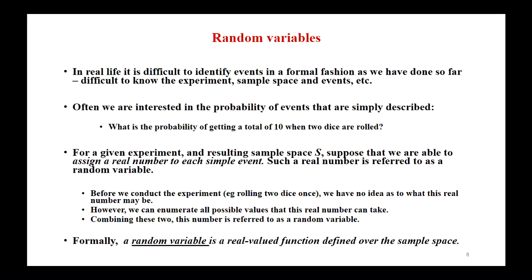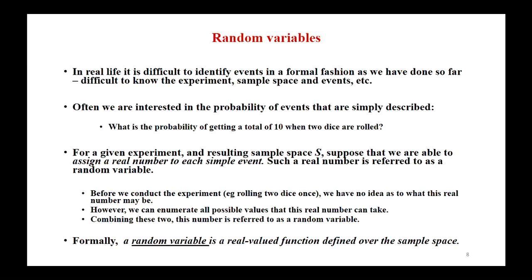A random variable is a real number which corresponds to a simple event. So, before we conduct the experiment, for example, rolling 2 dice twice, we don't know what this real number is going to be, but we can enumerate all possible values that this real number can take. We can attach probabilities to them, and then if we combine the above two, we have a random variable.